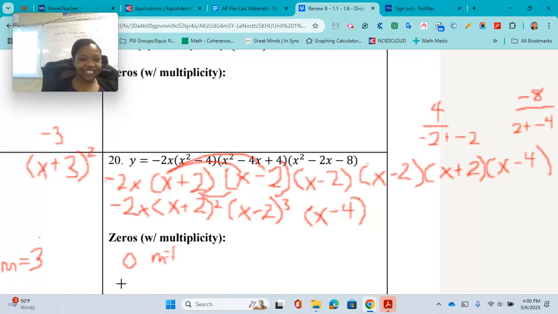Negative 2 with the multiplicity of 2. Excellent. Positive 2 with the multiplicity of 3. And one more. Excellent. Positive 4 with the multiplicity of 1.